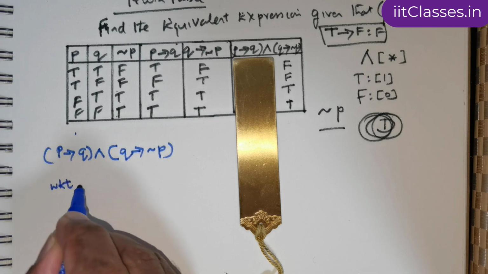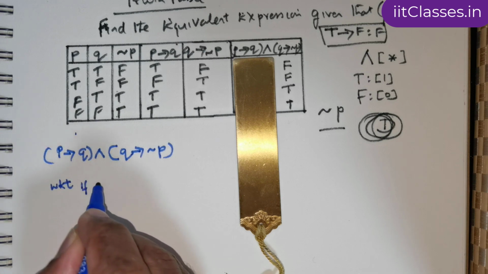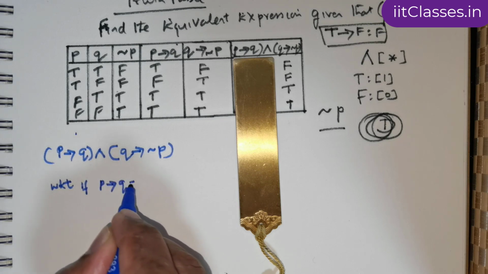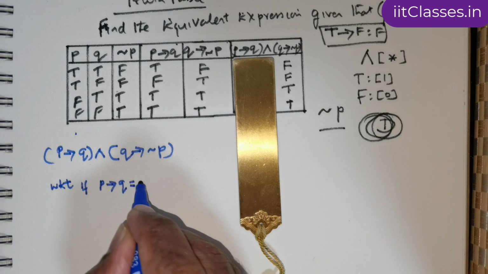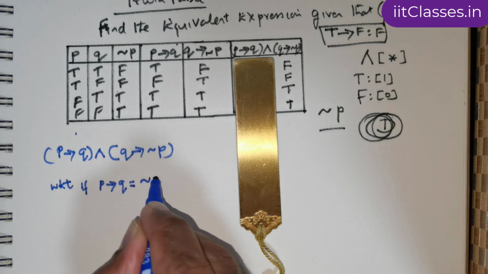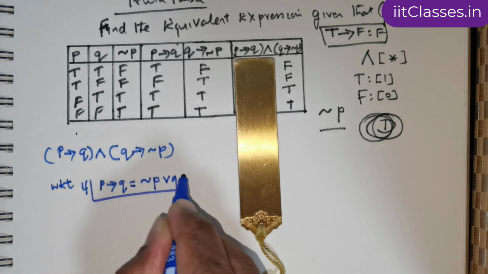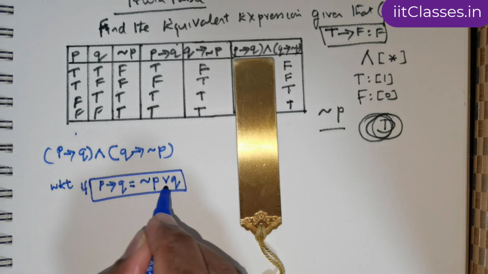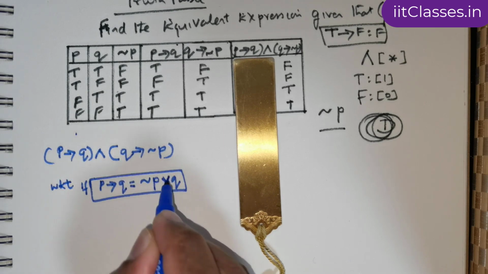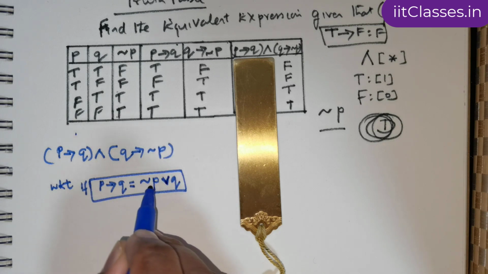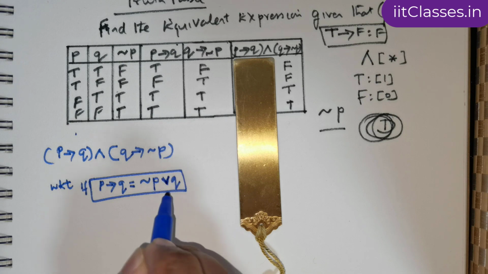We know that if P conditional Q is given, then this is nothing but negation of P disjunction Q. This is the equivalent formula. I should say disjunction, right? P conditional Q is equal to negation of P disjunction Q.